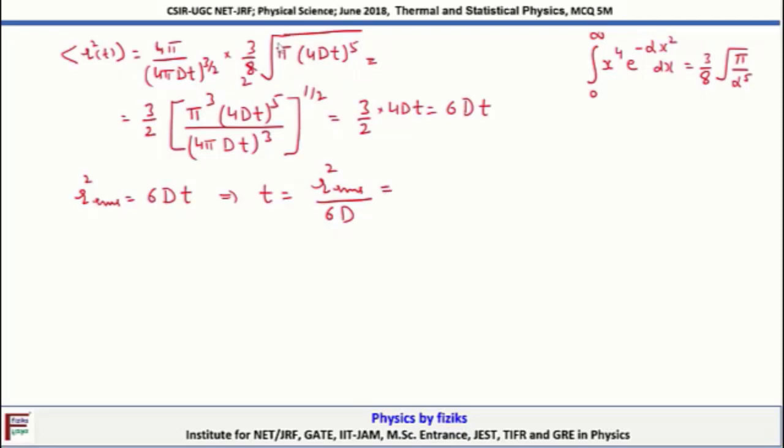We are given r rms as 6, so therefore 6 square divided by 6 multiplied by the diffusion coefficient that is given to us. Basically we have to find the minimum value of the time t.